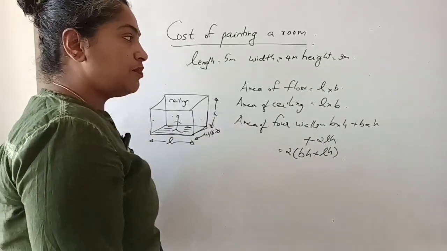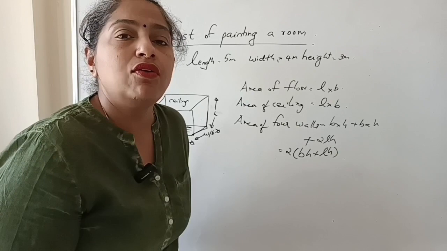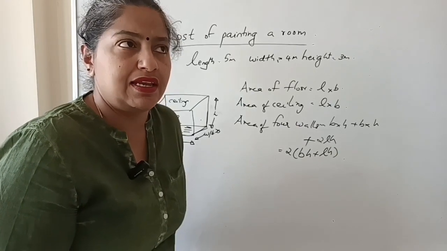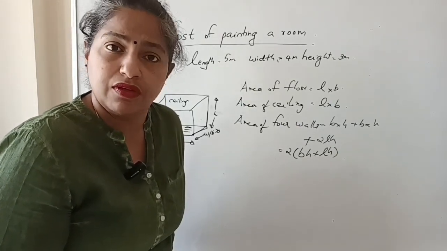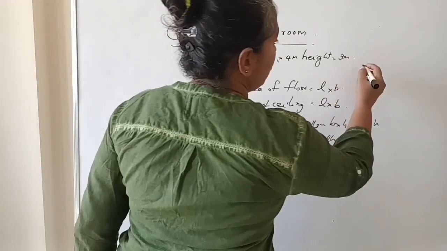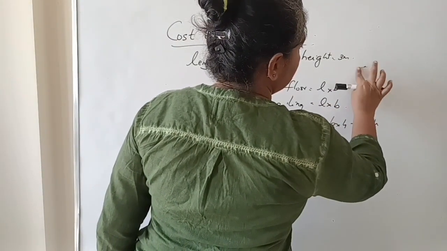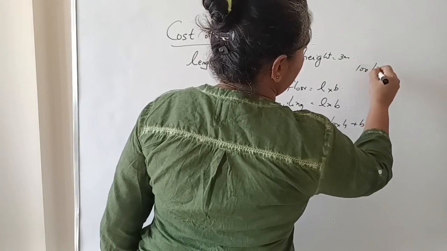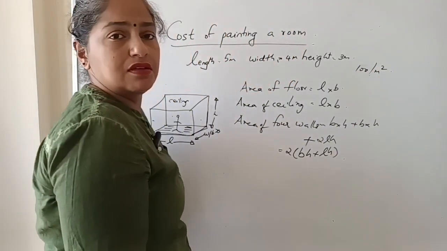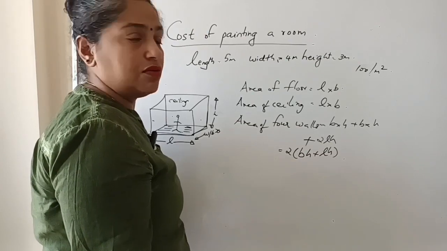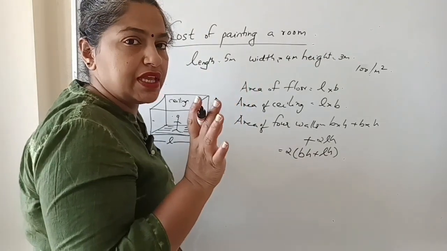In the question, suppose they are telling you, what is the cost of painting the ceiling, let us say with a blue color paint, and the cost of painting is, let us say, 100 rupees per meter square, some design, whatever. They are asking you for the ceiling.